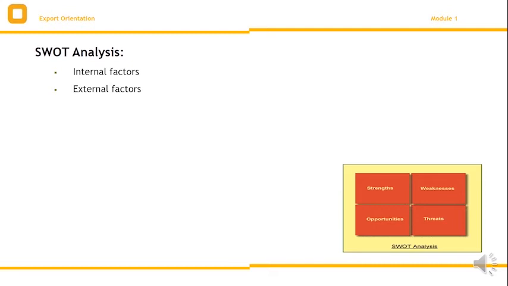Threats are situations, again, also in the external environment, which the firm cannot exploit, and hence a threat is harmful to the business. An example of a threat would be increasing competition in your industry. That's a threat to you because it's taking away customers from your business. So you must have ways of how you are going to maximize on your opportunities, but also how you are going to deal with your threats.